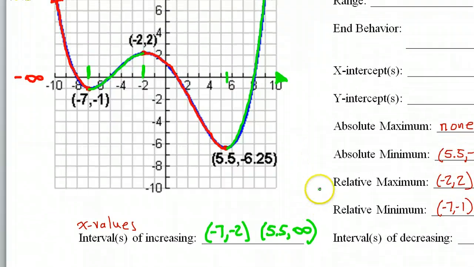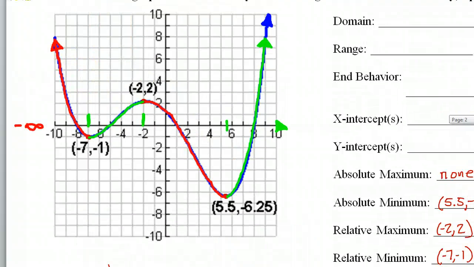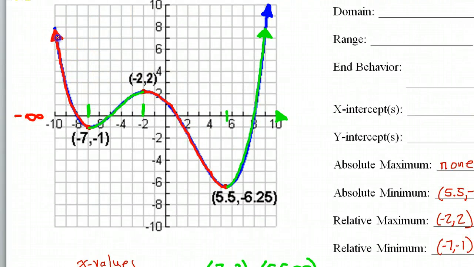Anyway, for the decreasing intervals now, so switching to red, I already mentioned that we're starting here from negative infinity. Okay, so we're coming in from negative infinity because it goes to the left forever, and then we are coming up from negative infinity to here, x value wise.